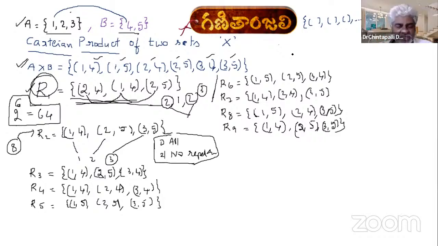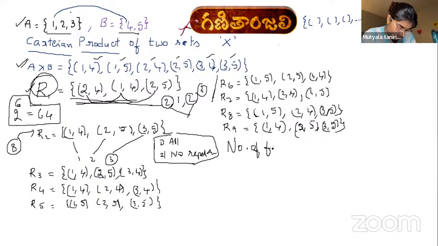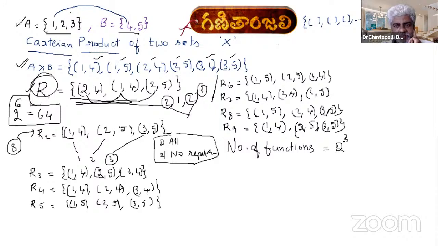The number of functions is exactly 8 only. We cannot create another function. Number of functions is 2 cube.